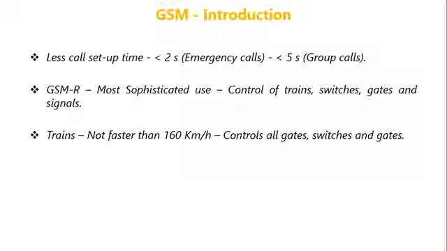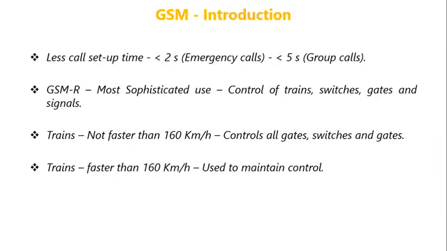And if the train is moving faster than 160 kilometers per hour, GSM-R can still control to a certain extent.